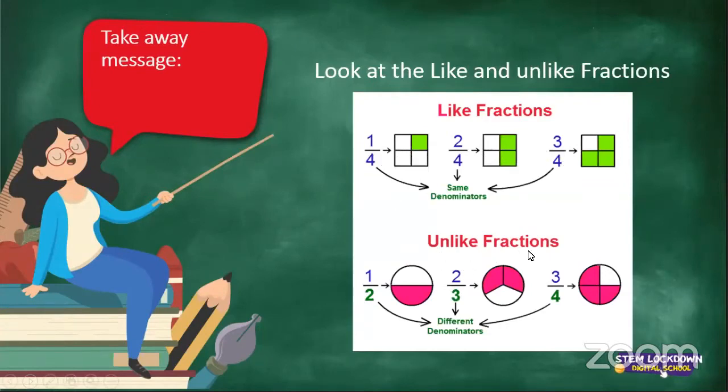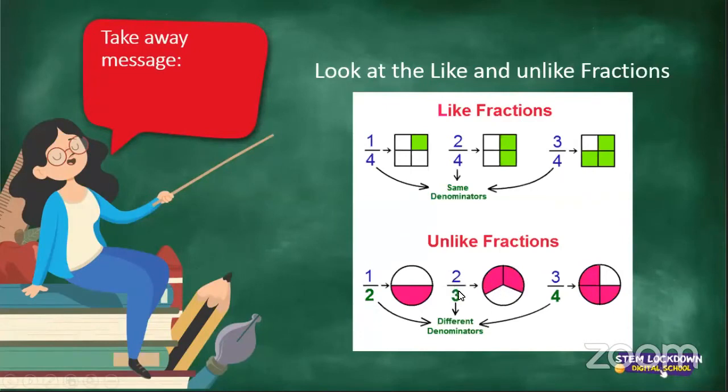Now looking at unlike fractions. Here we have a circle that has 2 sides, 1 white, 1 pink. So it is 1 over 2. And here, still a circle, but now divided into 3, and we have 2 colored pink.